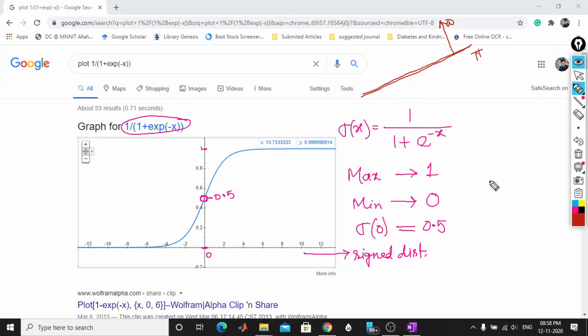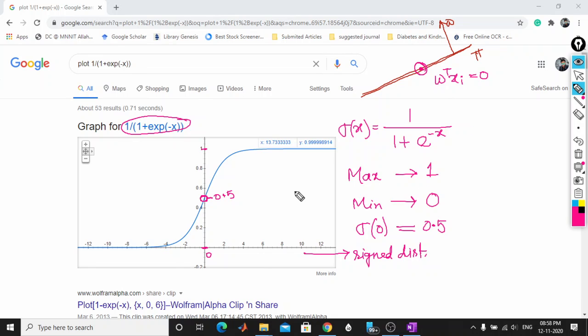If the point lies on the plane, then what is the distance? Actually the distance is W transpose x_i. If the point lies on our plane, this one is equal to 0. If the point lies on the plane, then we cannot conclude whether it is a positive point or a negative point. So in such situations, what will happen?